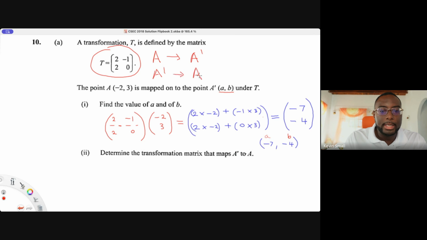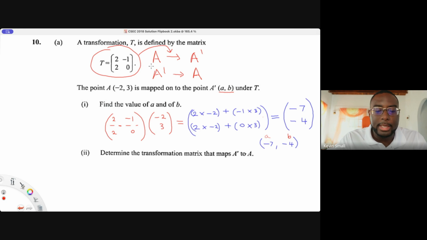Anyone could think of what you would do in matrices to go backwards? How would I go backwards in matrices? Is there a way to do that?